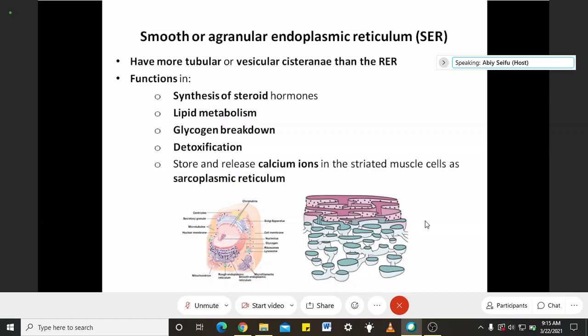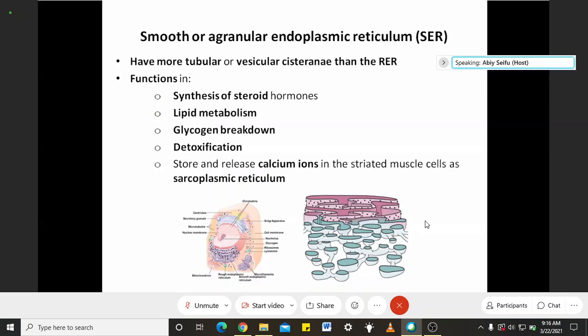When muscles are not contracting, the calcium ions should not be found near the contractile elements of the muscle. Instead, they are stored in the smooth endoplasmic reticulum. And when the muscles need to contract, these calcium ions should be released.